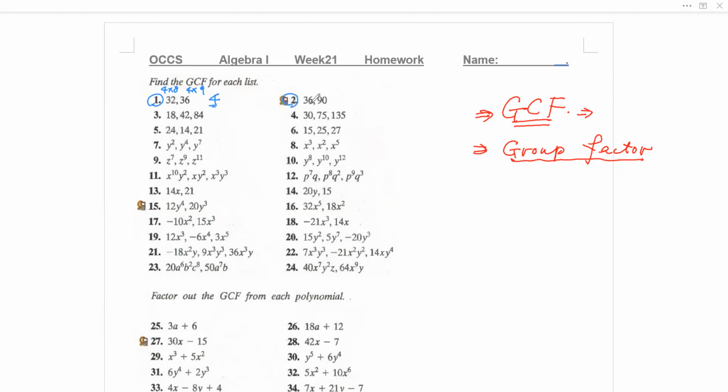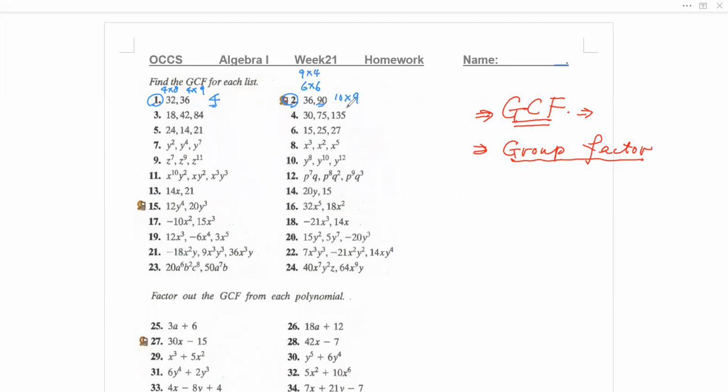Number two, 36, 90. 36, you can do 6 times 6, right? And I'm sorry, you can also get 9 times 4. And here is 10 times 9. So actually it can be taken further, right?